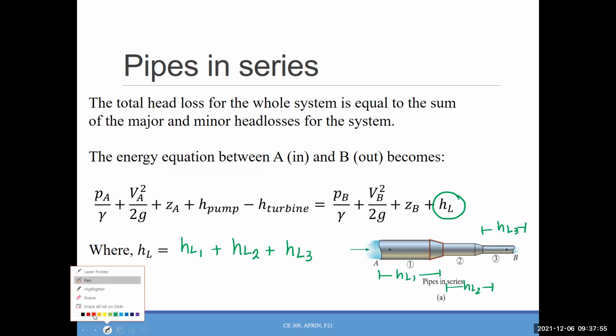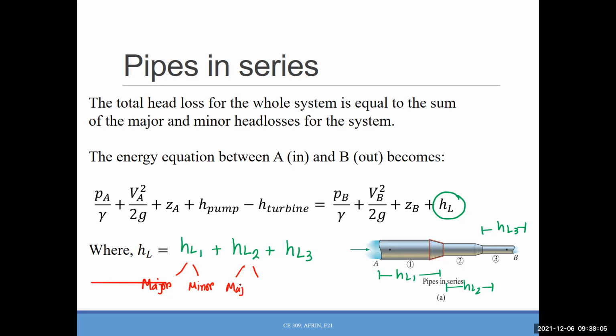And each head loss will have a major and a minor part. If we don't have any minor losses, that is fine. If we have something for individual points, like pipe 1, pipe 2, pipe 3, we need to calculate those. Okay. So that one was easy. You already understand this part.